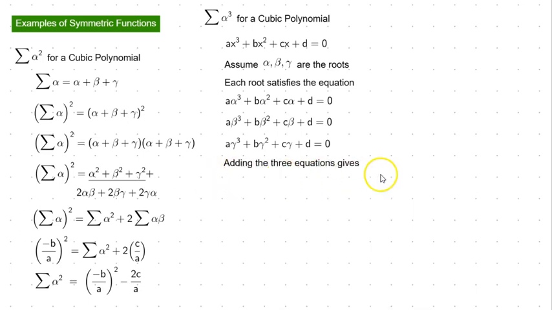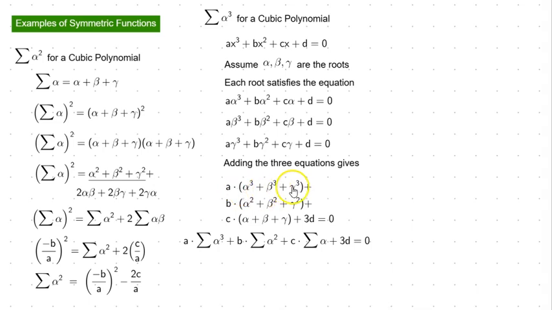Now let's add up these three equations. Now why are we adding up these three equations? Because somehow we want alpha cube plus beta cube plus gamma cube, which is what sigma alpha cube is. We get a times, because a is common, alpha cube plus beta cube plus gamma cube plus b is common. So b times alpha square plus beta square plus gamma square plus c times alpha plus beta plus gamma plus 3d equal to 0.